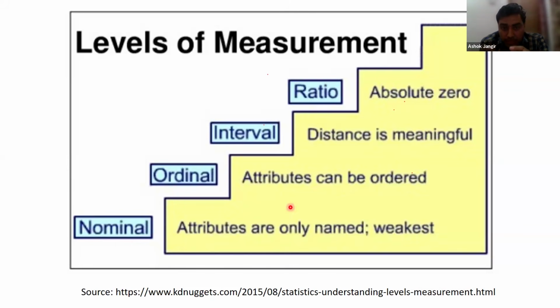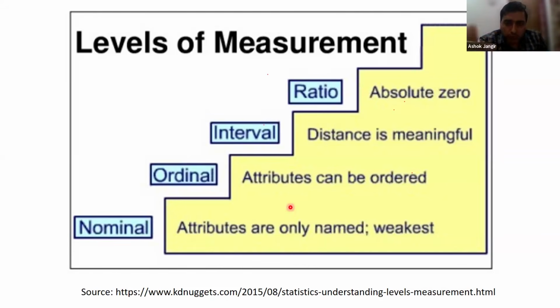Temperature variables come into the interval category. Number two, IQ level. Number three is year, that is years 2001, 2000, up to 2026. The year variable also comes into the interval category.